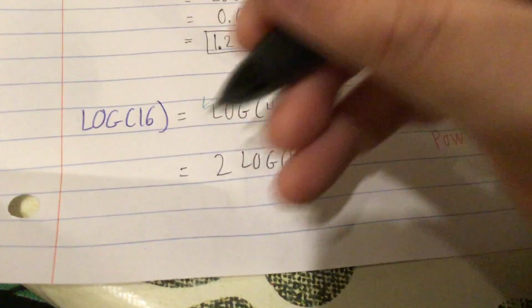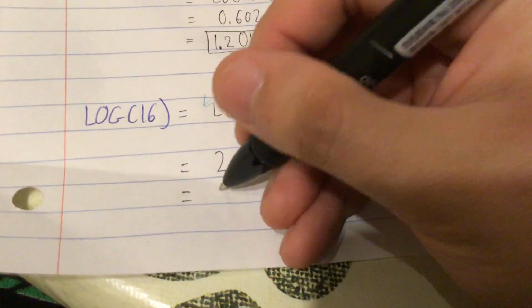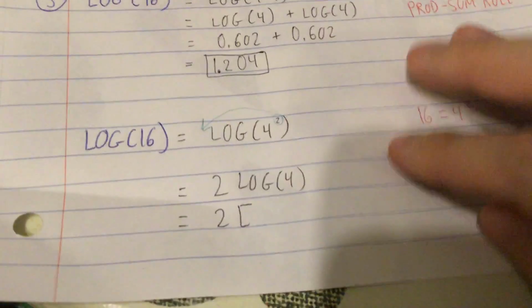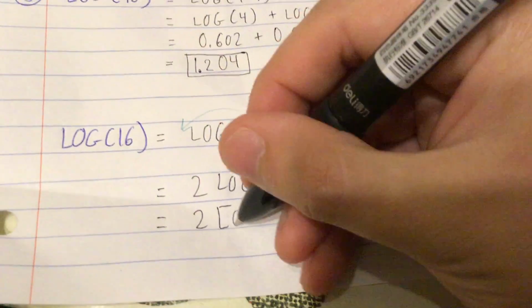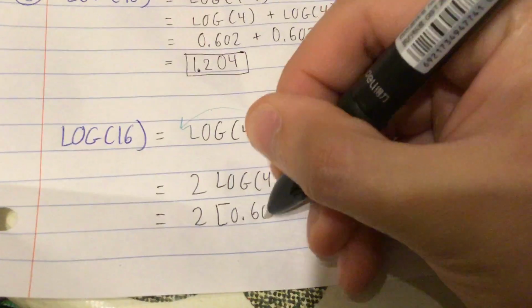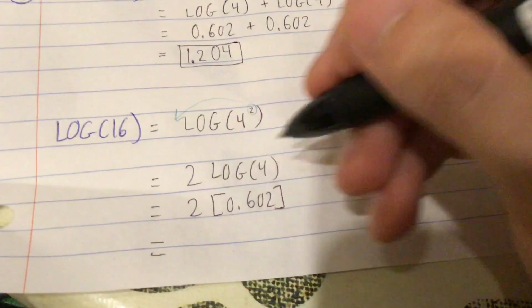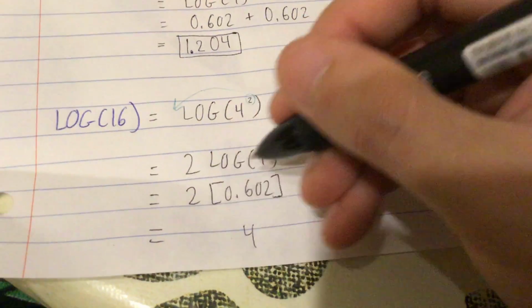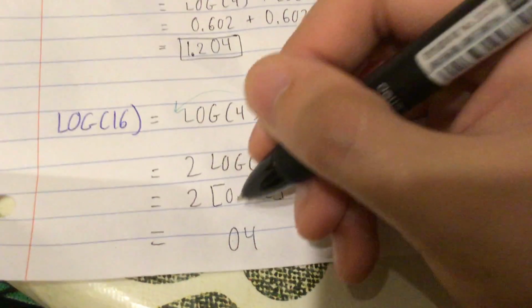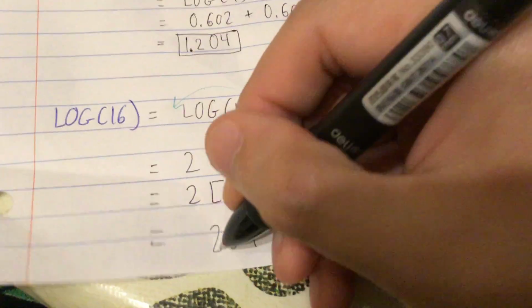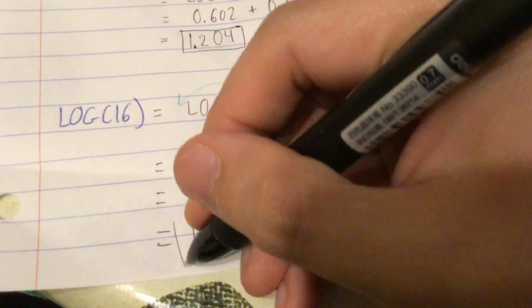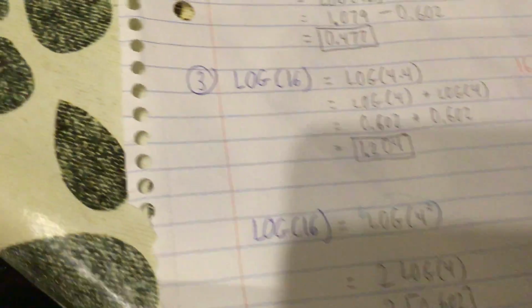Anyway, so we know that the 2 is factored out. So this becomes 2 times log of 4, which is 0.602. 2 times 2 is 4, 2 times 0 is 0, 2 times 6 is 12, so that's 1.204. And if you don't believe me, we can do log of 16 in the calculator.